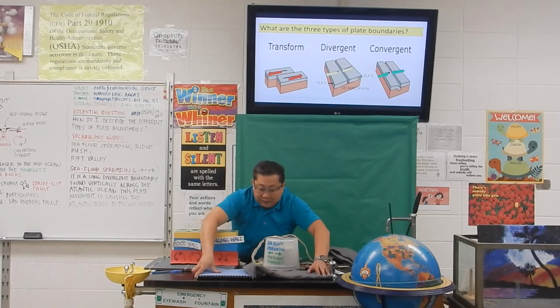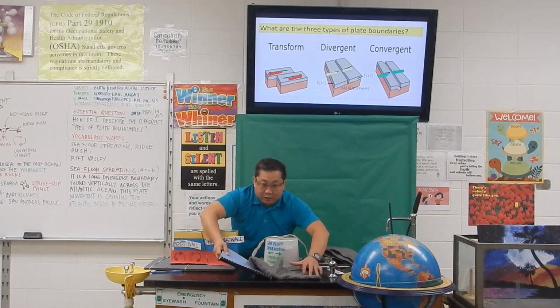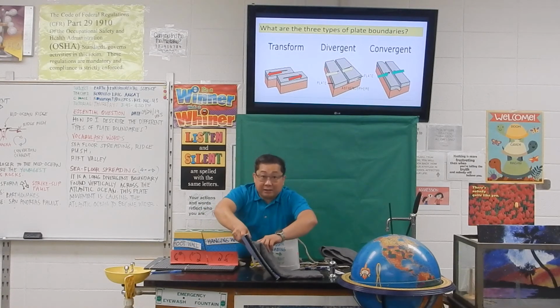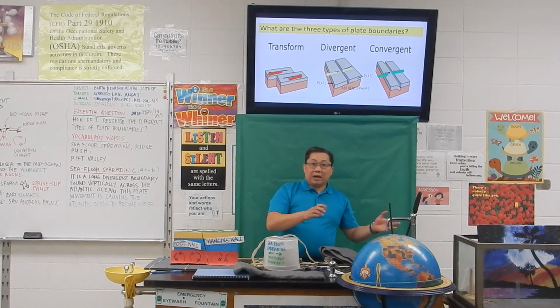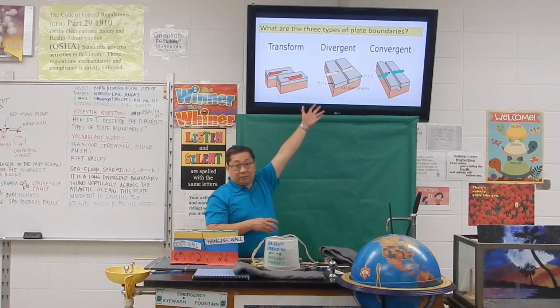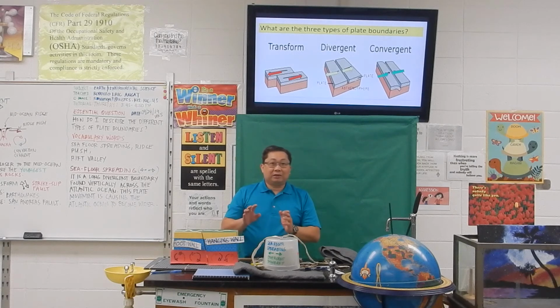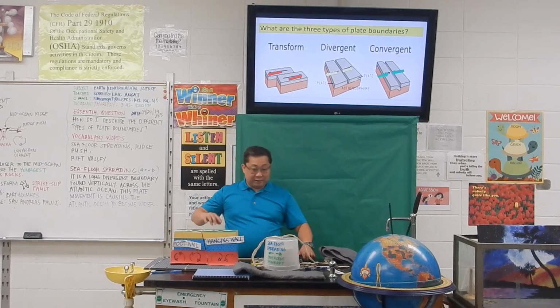So when that happens, the denser one sinks in and goes to the mantle, where it melts and is recycled. New rocks are added in the divergent boundary in the mid-ocean ridge, and old rocks are melted or recycled in the subduction zone in the convergent boundaries.